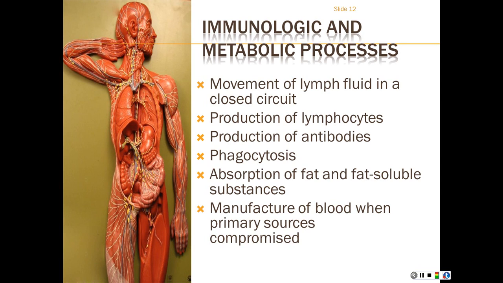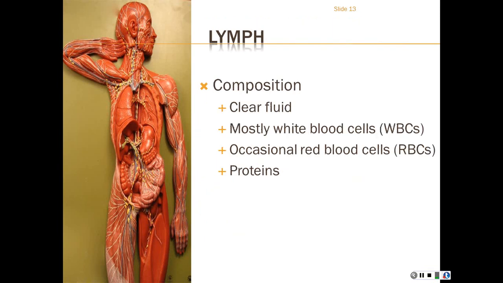Phagocytosis is basically where the lymphatic tissue eats everything up in front of it, similar to the old Pac-Man game on computers. And it absorbs fat and fat-soluble substances, and it manufactures blood when primary sources are compromised. And that's coming out of the spleen.